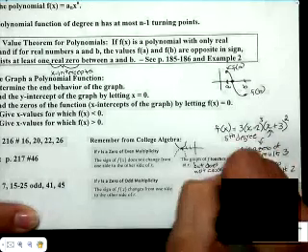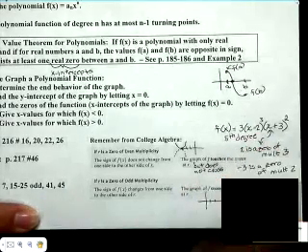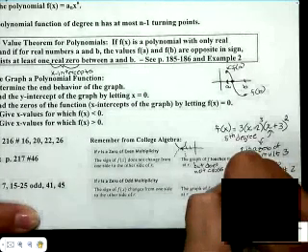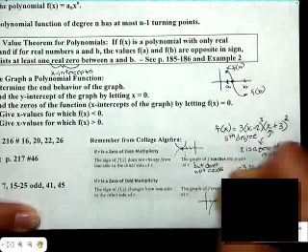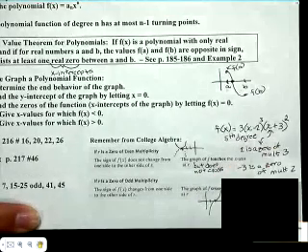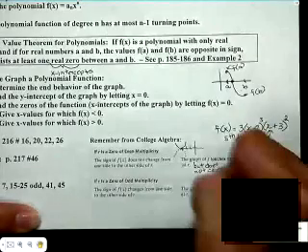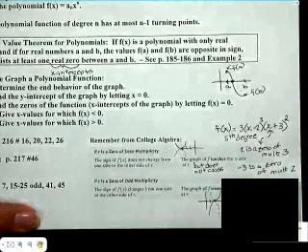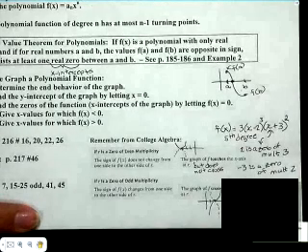That means that at 2, the graph is either increasing, hits 2, and then keeps going, or the graph could be decreasing down to 2 and keeps going. But either way, the graph crosses the x-axis at that zero.